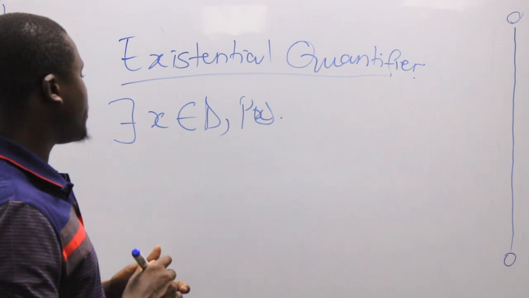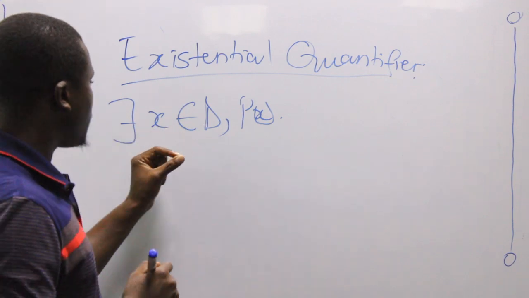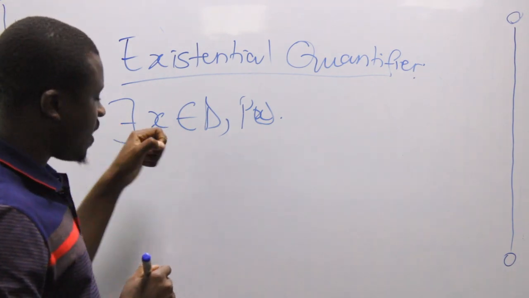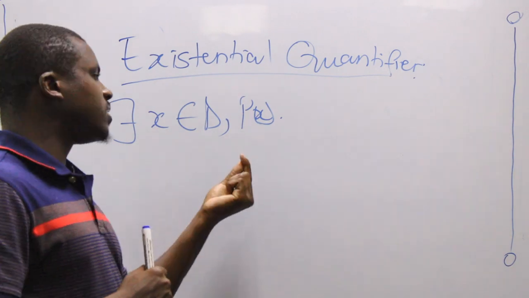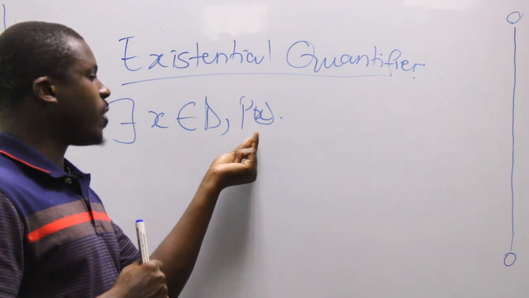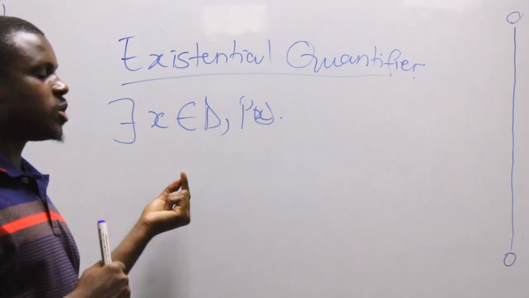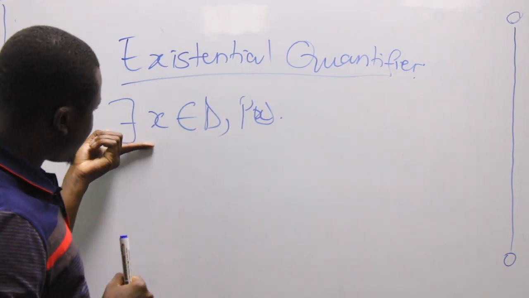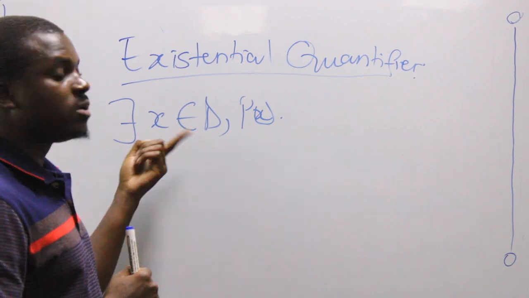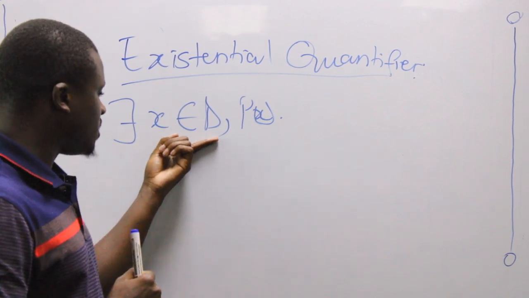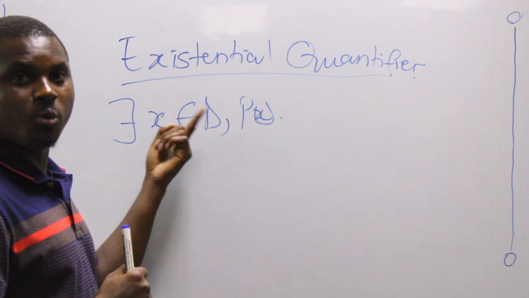So it was designed to be true only when there is at least one value in our domain where P of x is true. And it is only false where there is no value in our domain D such that P of x will be true.